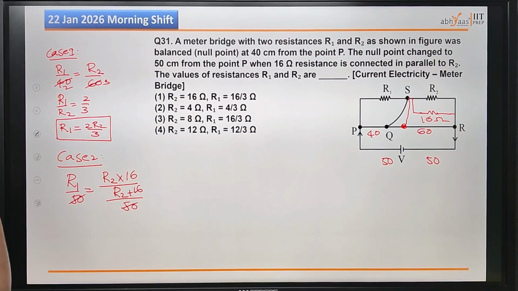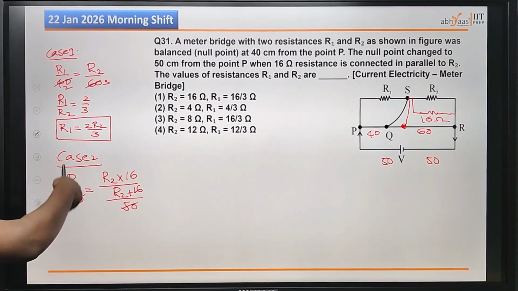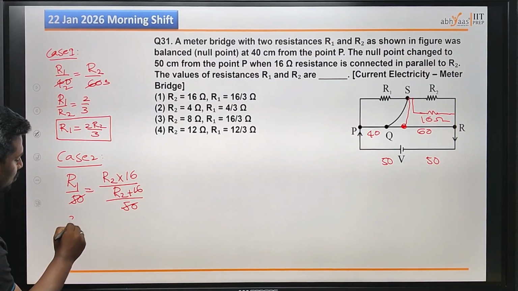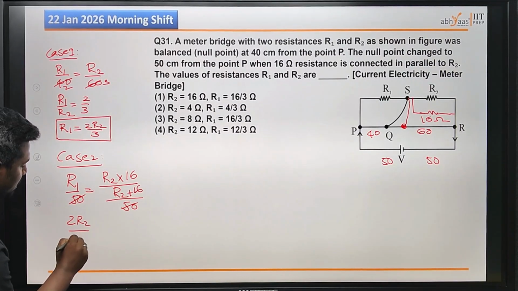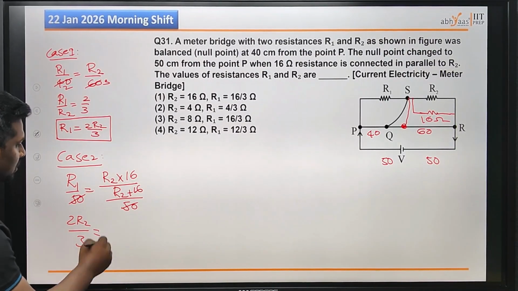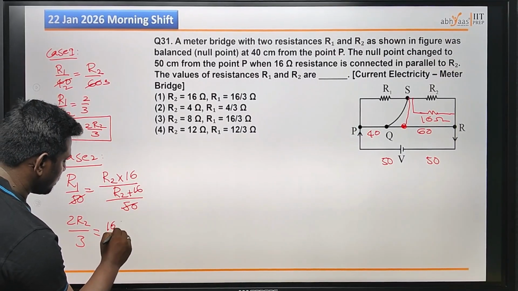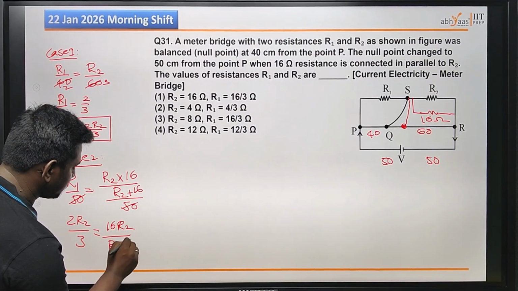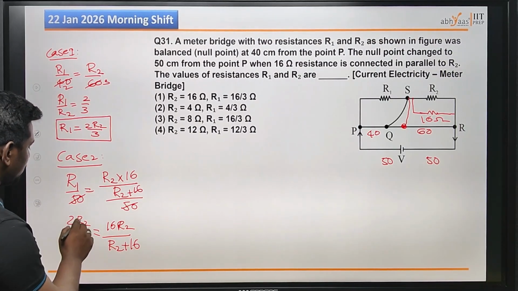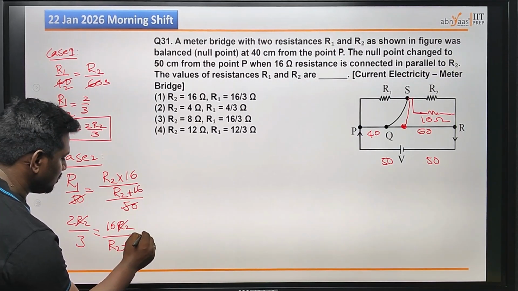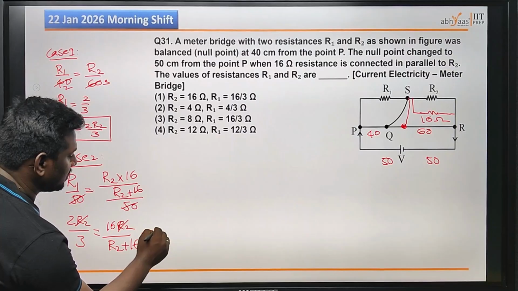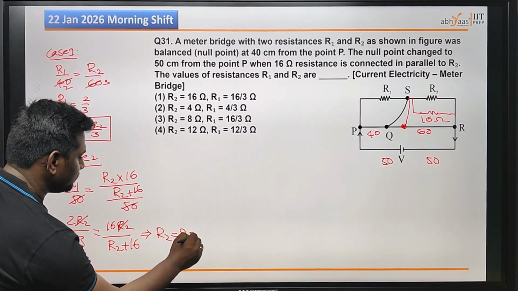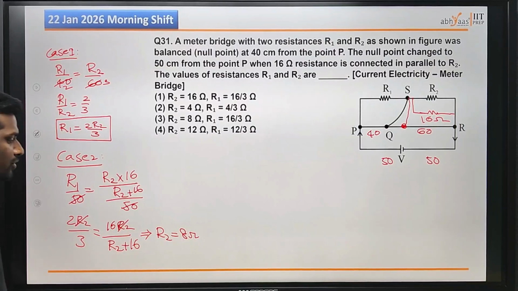If you substitute R1 from here, 2R2 by 3 equals 16R2 by R2 plus 16. If you cancel out R2, you will get R2 as 8 ohm.